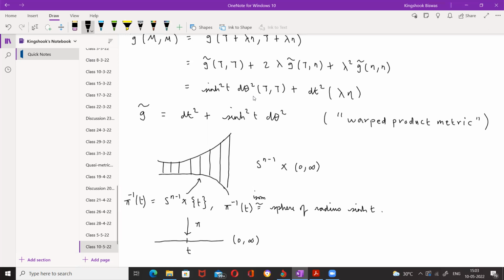See, if I multiply the t coordinate by k, then this becomes sinh squared kt. That is not k times sinh squared t, or k squared times sinh squared t. In Euclidean space, the k would come out, so you would get a scaling of the metric. Here you don't have a dilation. Does that make sense? Yes.